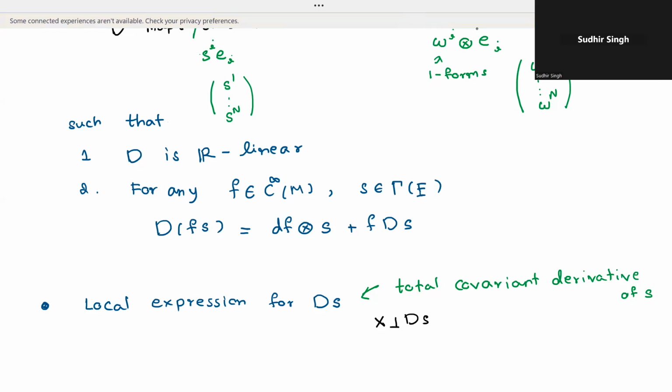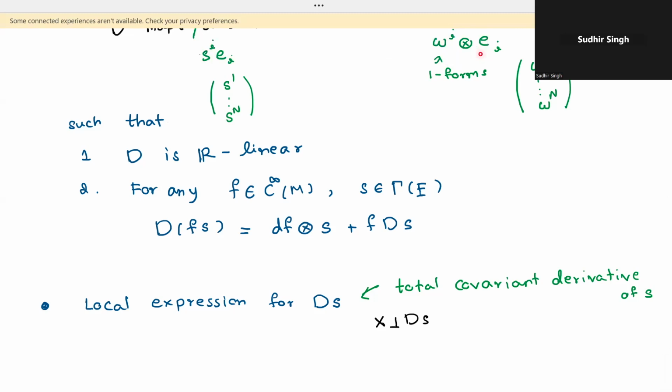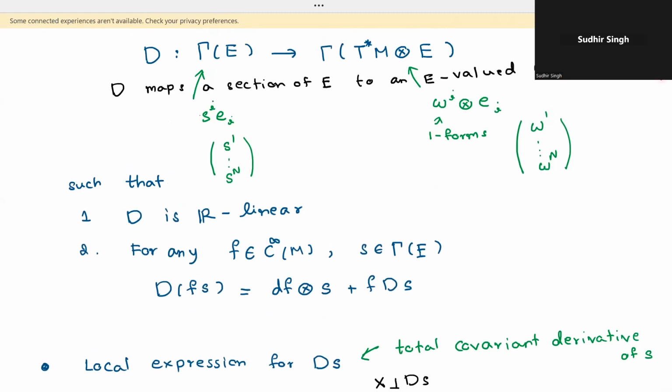We can do this because Ds is an E-valued one form, so you have two parts: a one form on M and E. The contraction with a vector field on M is done on the one form part, and the E part just remains.